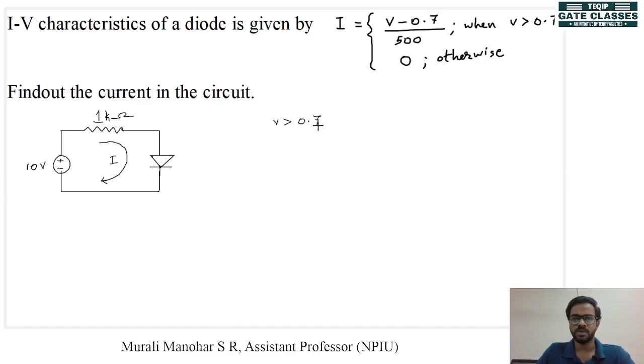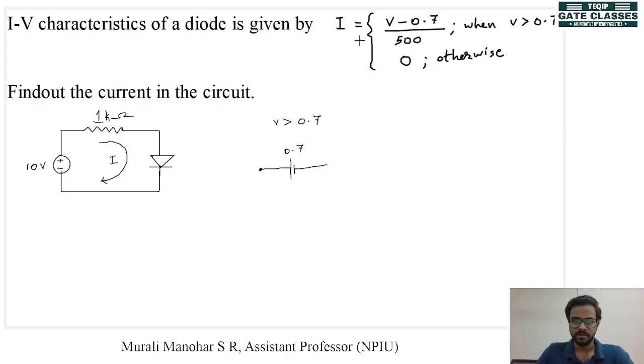Let's try to draw the equivalent circuit of this diode, right? We know that this is a practical diode because we are given a voltage condition and a resistance condition. If we redraw this equivalent circuit, there is a voltage constraint: the diode will be on only after the voltage across the diode becomes greater than 0.7.